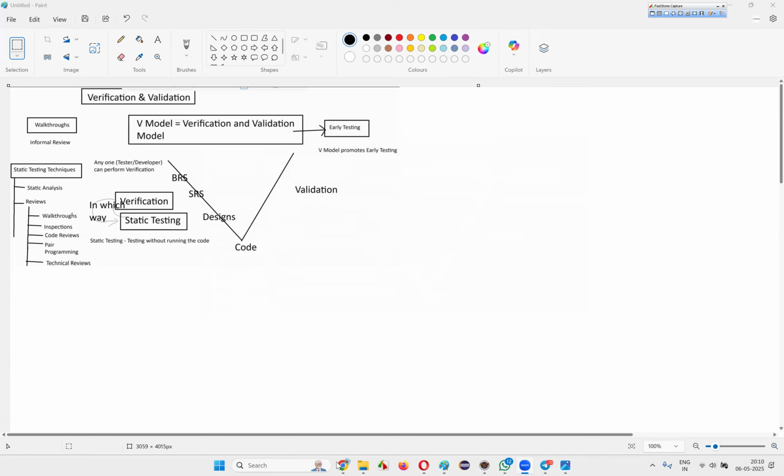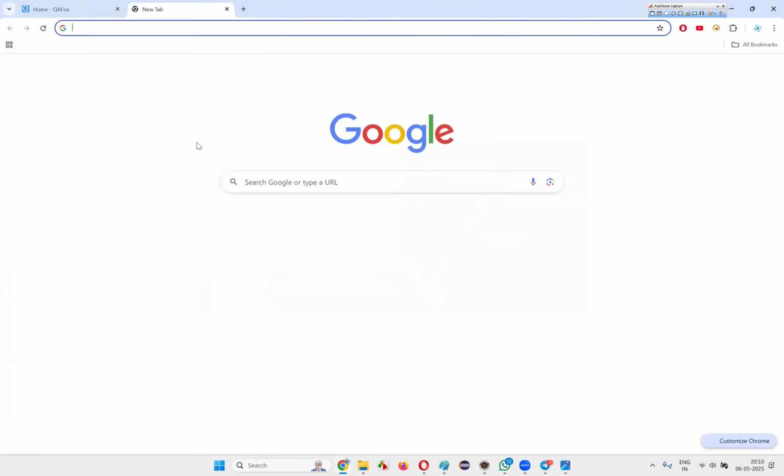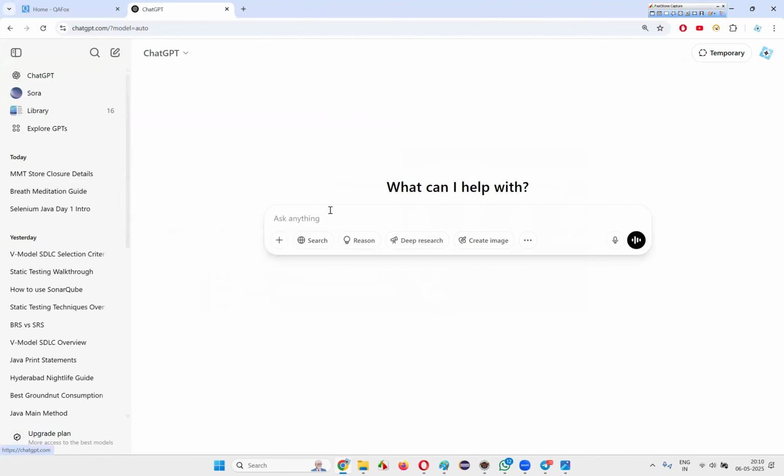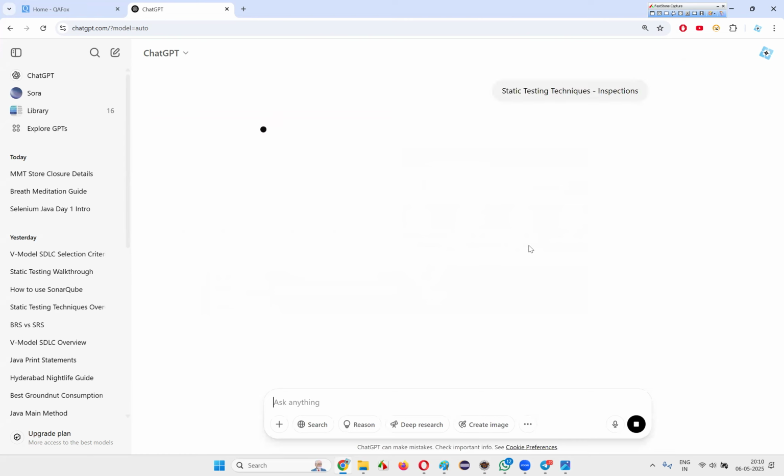Let's see the inspections for now. Just search for static testing techniques, inspections, guys.